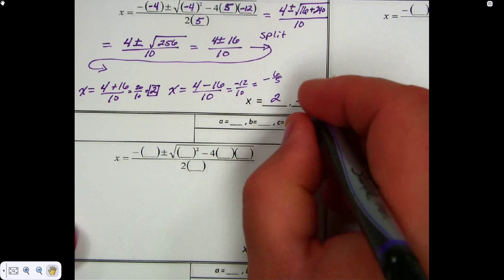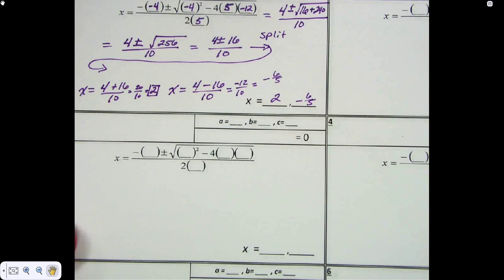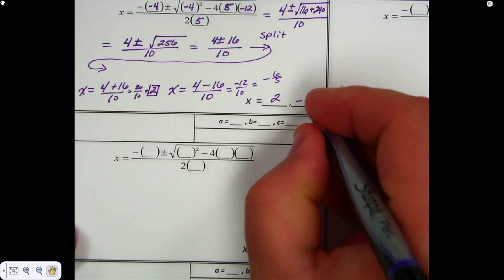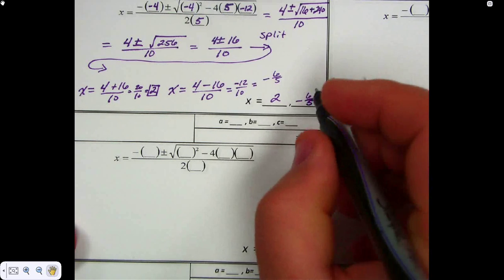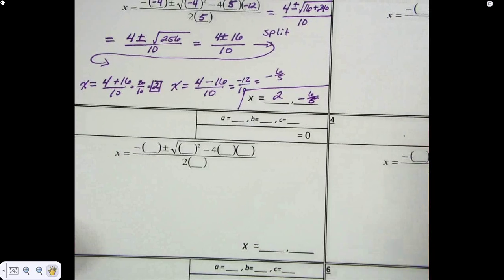And that's what you should put. You put negative 1 1/5. That's not the end of the world either. All of you can get the fraction calculator app, can't you?